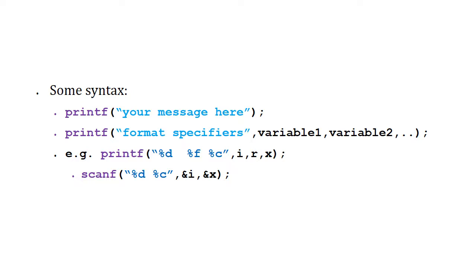So if we take this example, printf %d stands for an integer variable i, then we have %f for a real number r, and %c for a character x. In this way you can use printf in various ways.